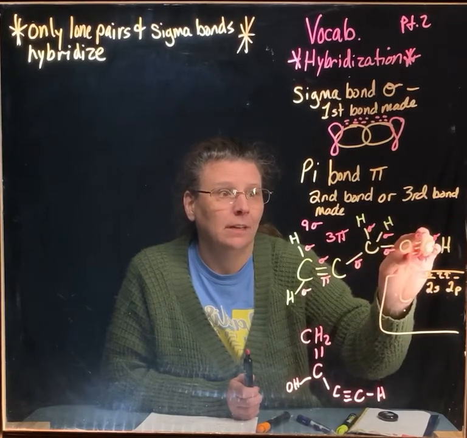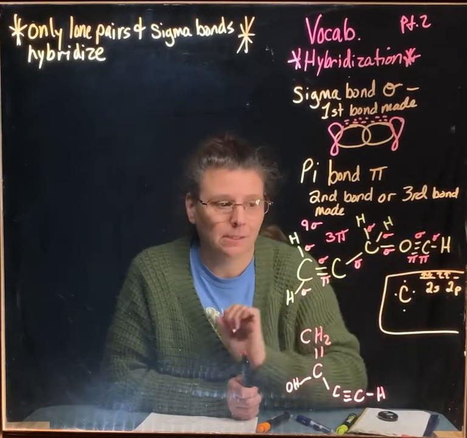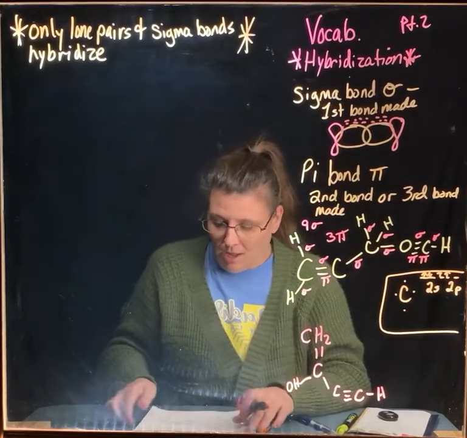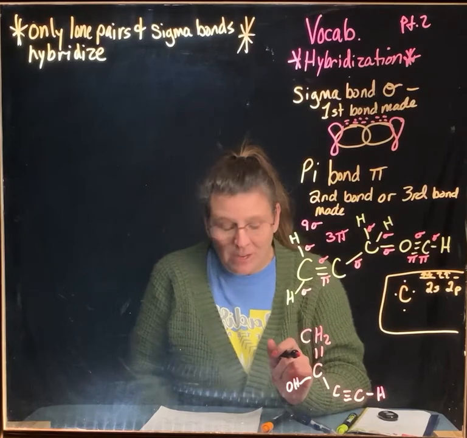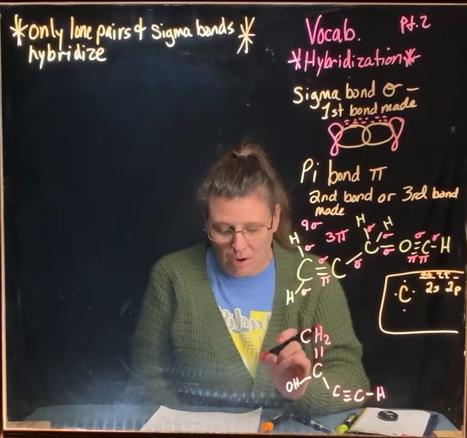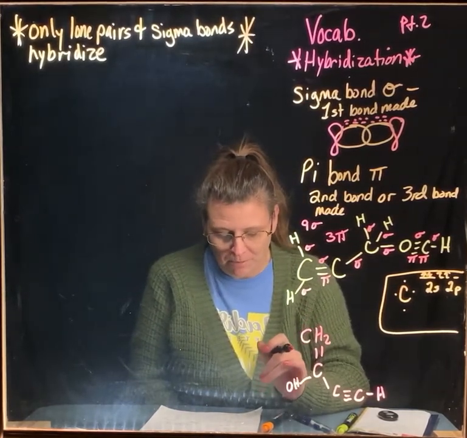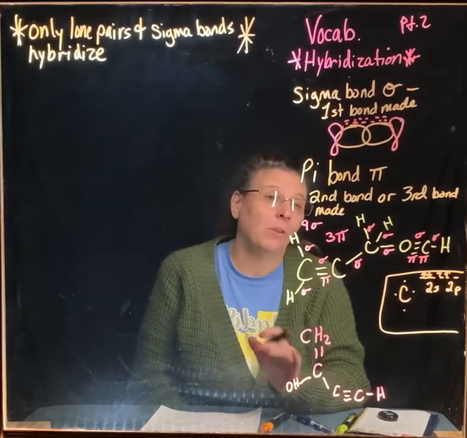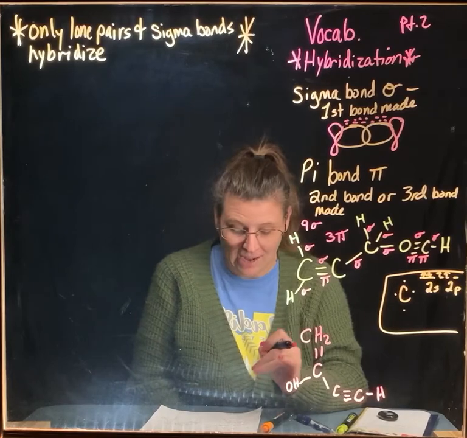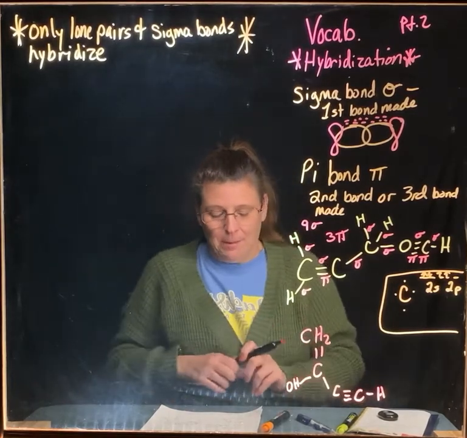Did I say sigma? I hope I said sigma and then 2 pi bonds. So how's it going so far? You can assume that all single bonds are sigma bonds. For double and triple bonds, the first one is a sigma, and the second and third will be pi bonds.